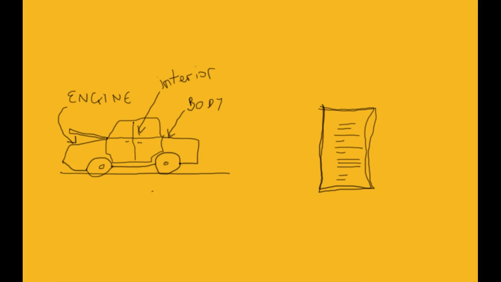Now, for each of these parts of the car, which in total make it a great looking car when it's driving down the street, to understand it, we have to use certain tools.